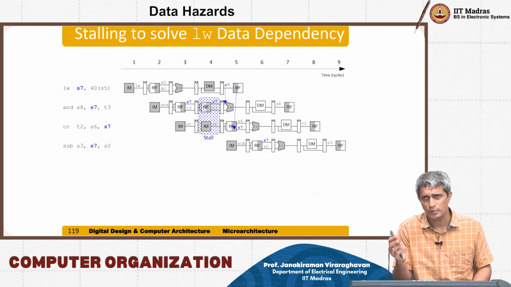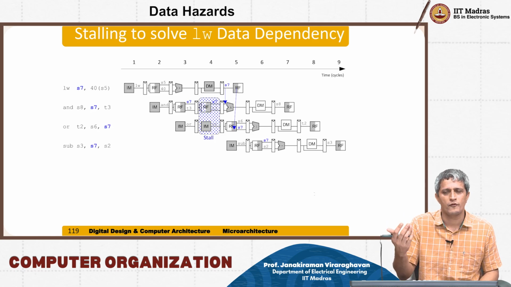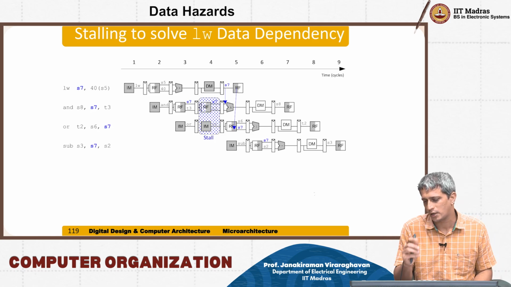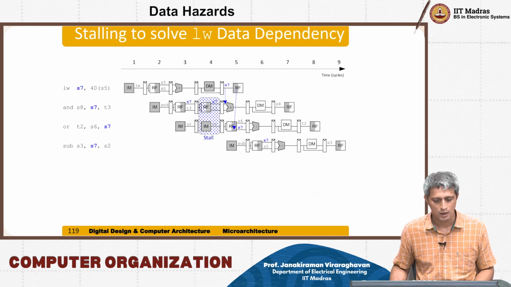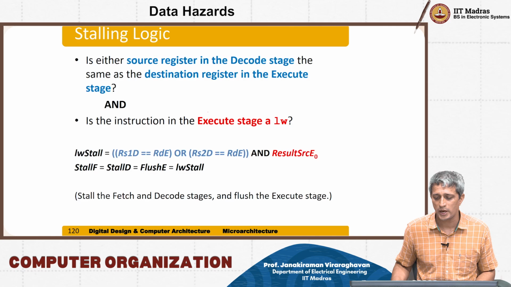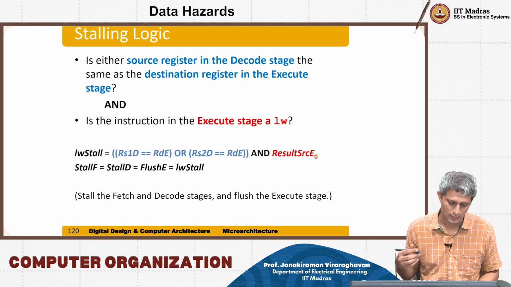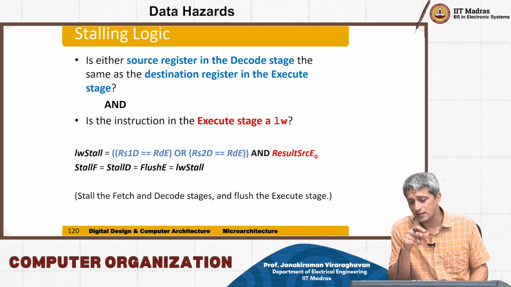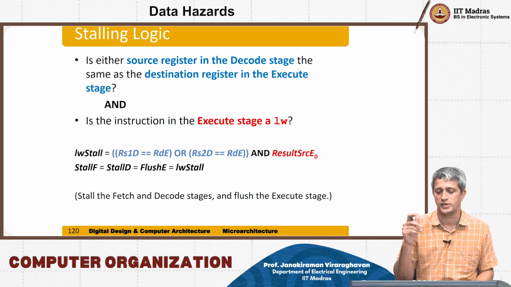There is no choice, but you can definitely overcome the problem with a simple stalling unit, and that's exactly what is shown here. We are trying to stall one cycle and solve the remaining using register forwarding. So the stalling logic is: is the source register in the decode stage the same as the destination register in the execute stage?